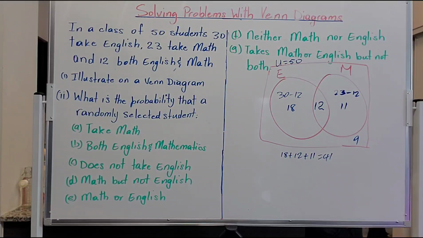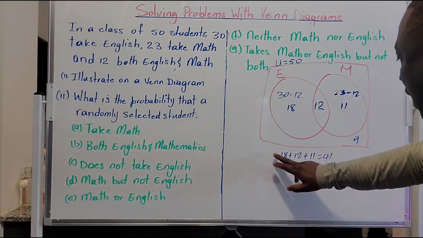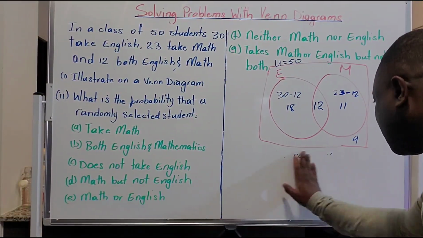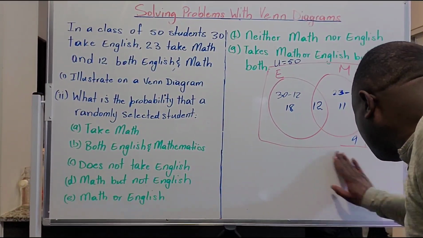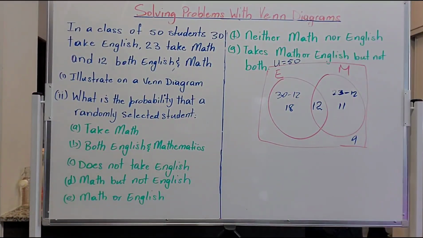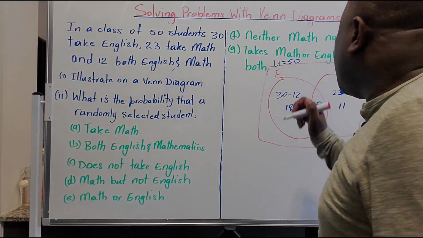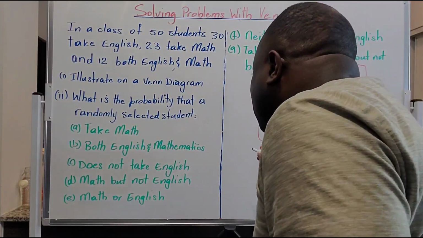Now, what is the probability of a student taking mathematics? So we want to look at the probability of a student taking mathematics, guys. For probability is by chance, it's selecting at random. It's going to be in terms of a fraction. How many students take mathematics? It says that there are 23 students who take mathematics.